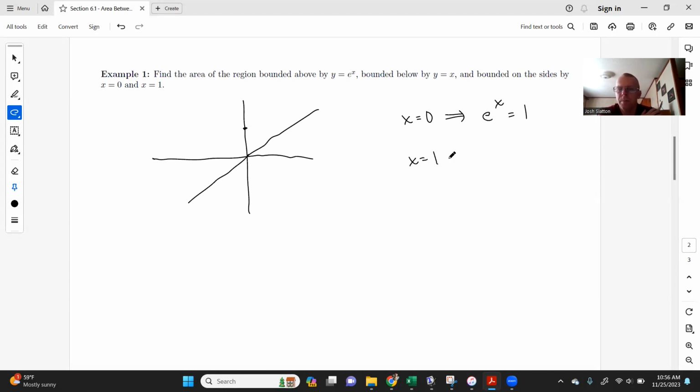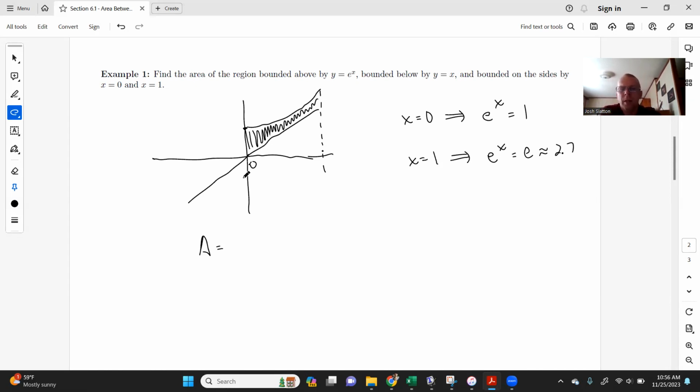And when x is 1, e to the x would be e, which is approximately 2.7, which is still going to be above this one. So the rough sketch would look something like that. Then we can draw this down, so that'll be where 1 is, and then 0 there. And we're looking for this area between those two curves.